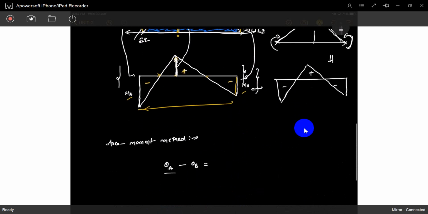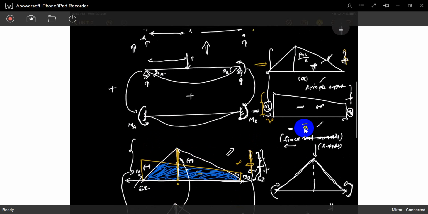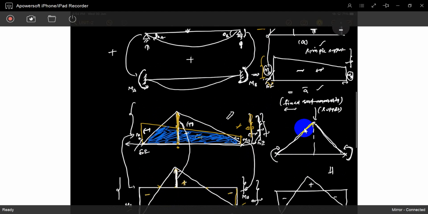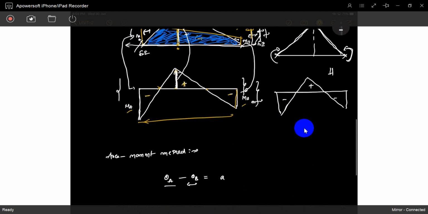So the difference of slope between any 2 points is equal to the area of the curvature diagram. That's it. This area I call A, the total area. That is positive.